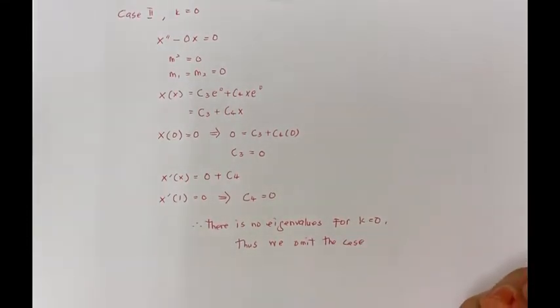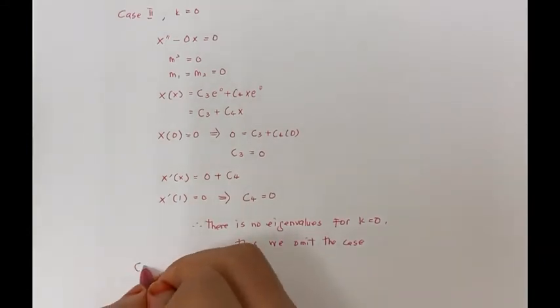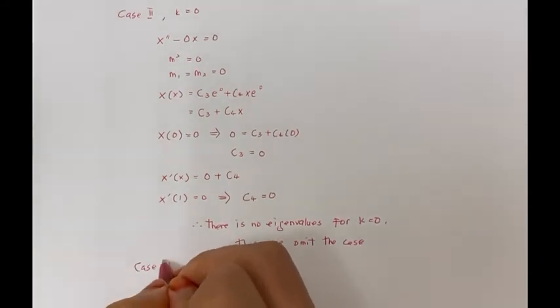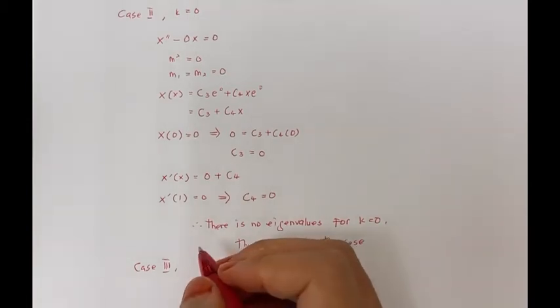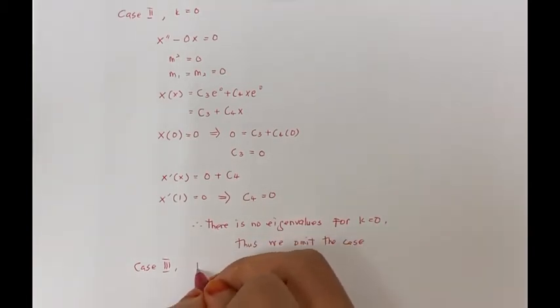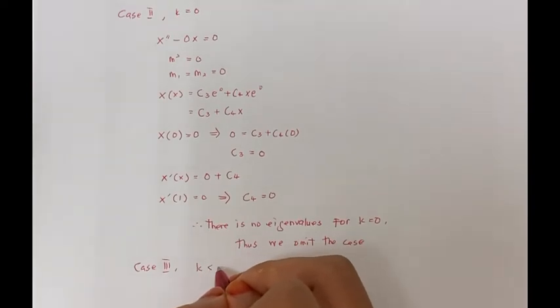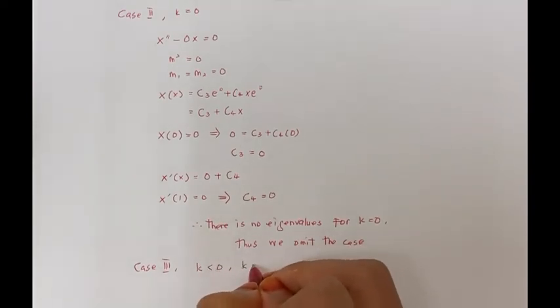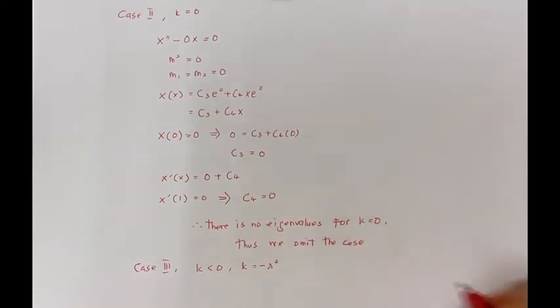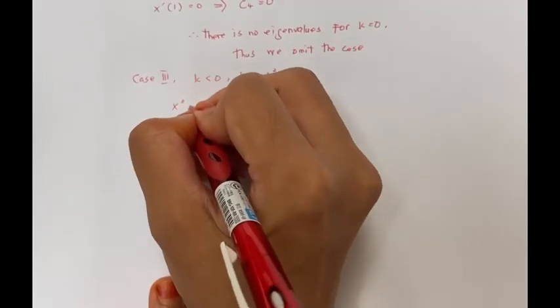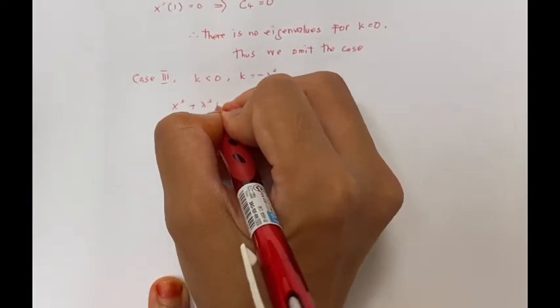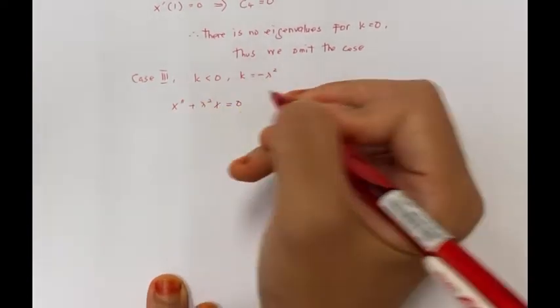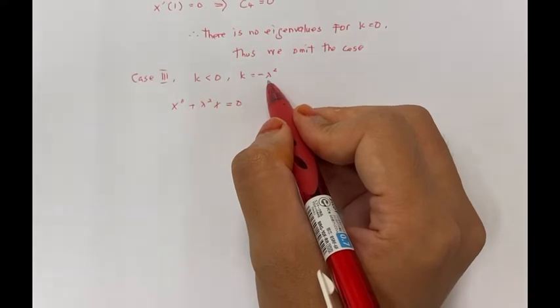Proceed with the third case, and look at whether we can omit this case also, or we can proceed with the solution. Case 3, k is greater than 0, where k is equal to negative lambda square. X double prime plus lambda square x equal to 0, since k is negative lambda square.